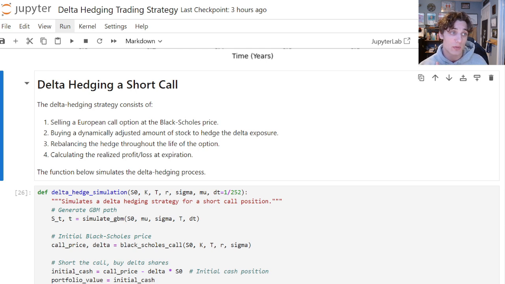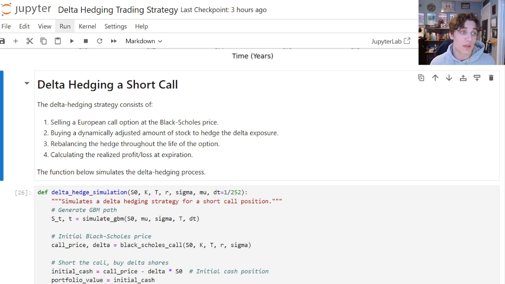Now, what can I do if I know that the option is going to go down in value when there's an increase in the underlying price? Well, I can go ahead and buy stock. If I buy stock, then if the underlying asset increases, I'll make money on my stock, even though I lose money on my option.